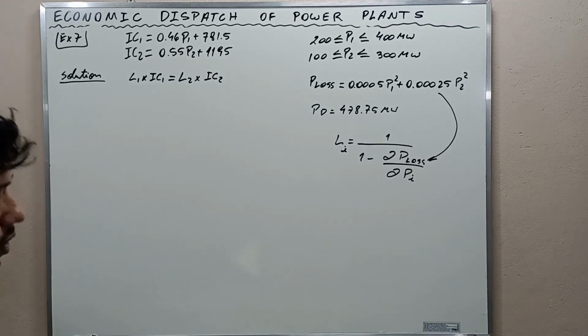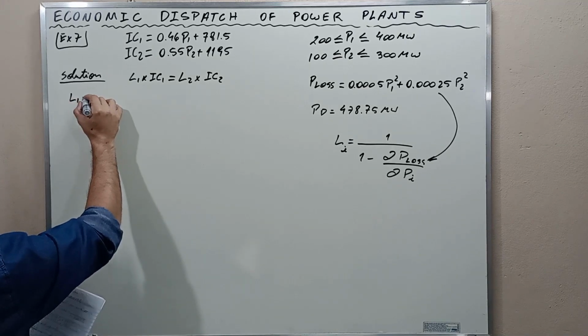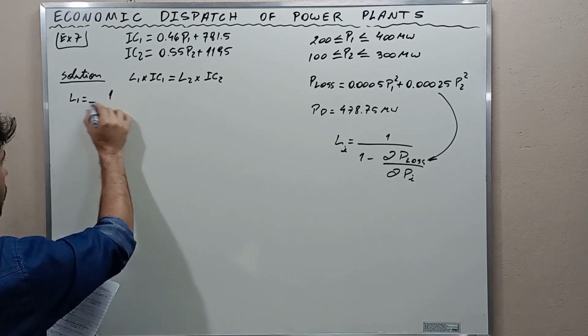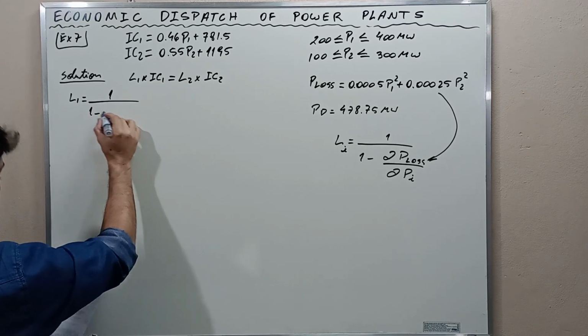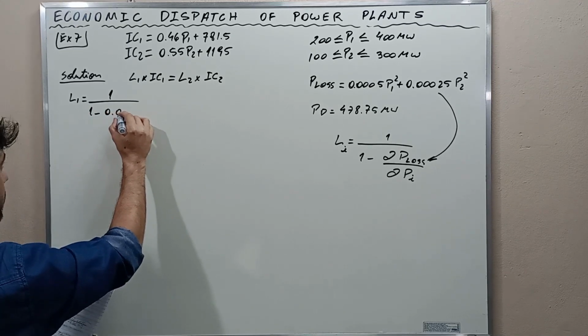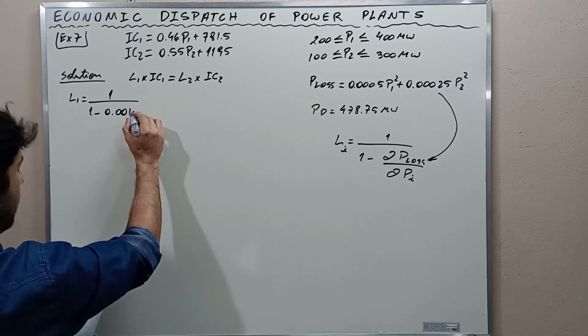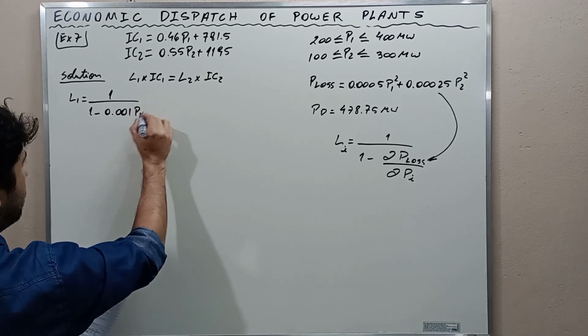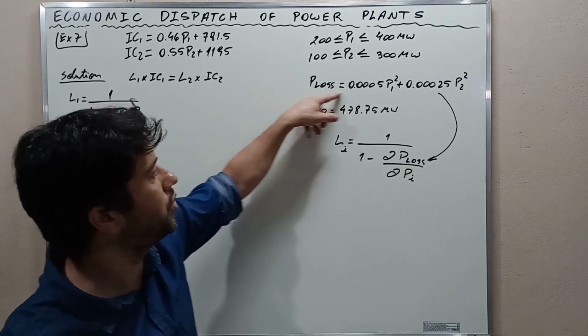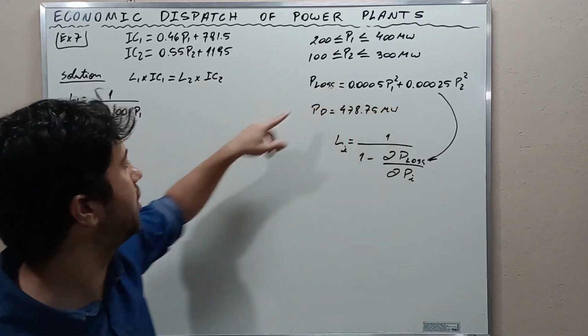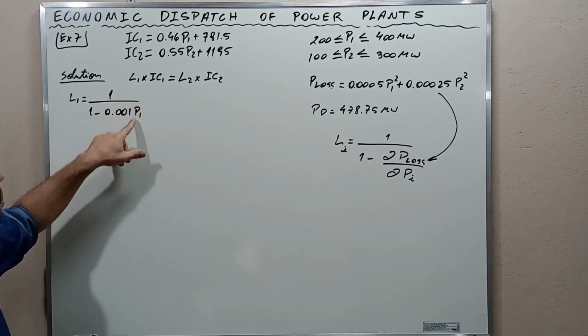When we do this, we find that L1 is equal to 1 over 1 minus 0.001 P1.